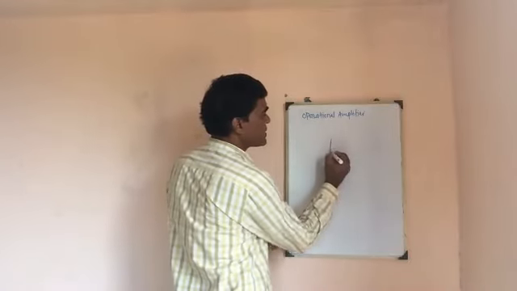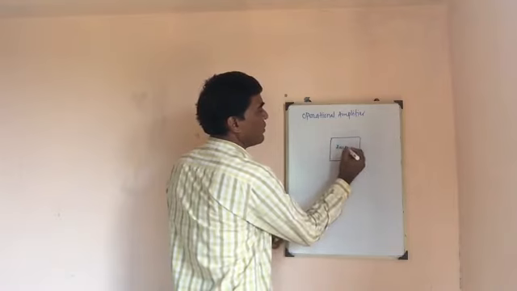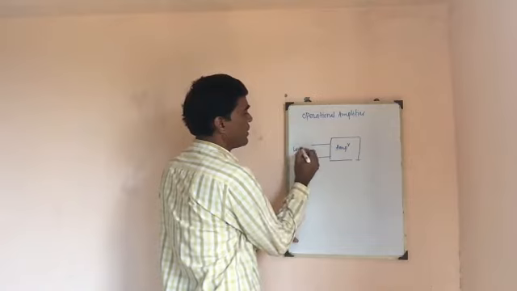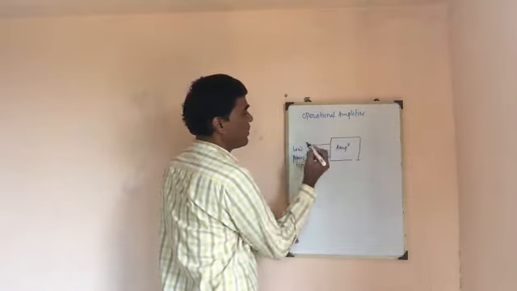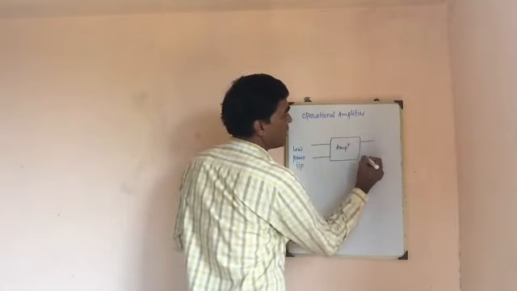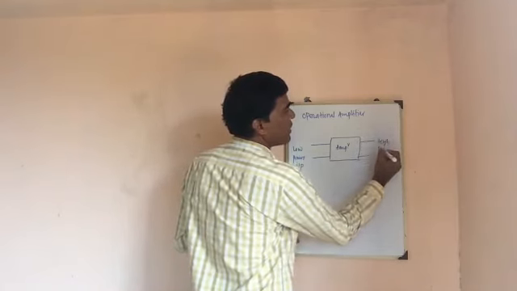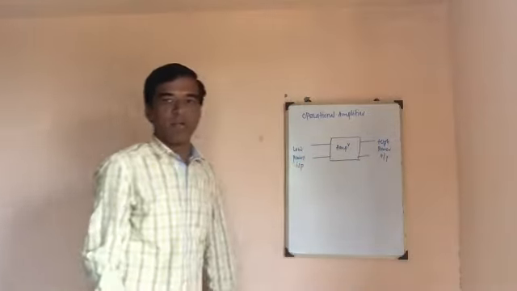Basically, the amplifier is a circuit which takes a low power input signal and gives a high power output signal. That is nothing but the amplifier.